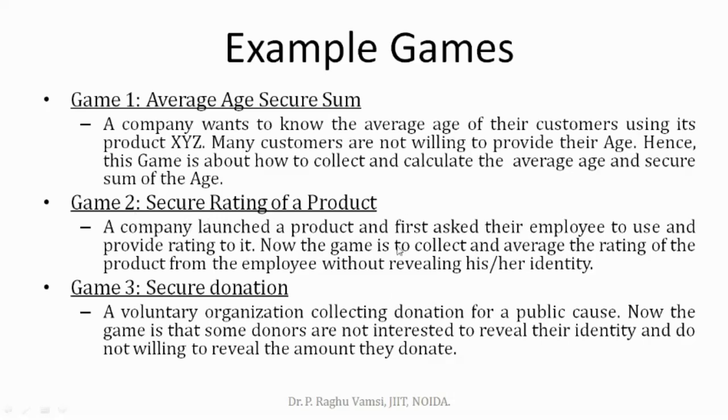In the second game, the ratings can be viewed, but who has provided the rating should be hidden. But in game 3, both the donor and the amount they are donating should be hidden.